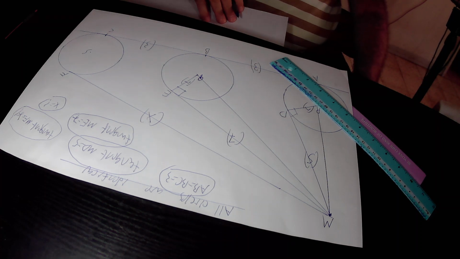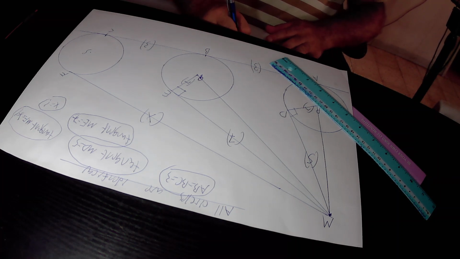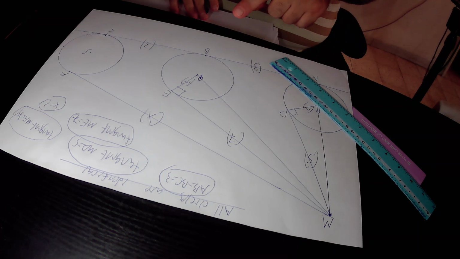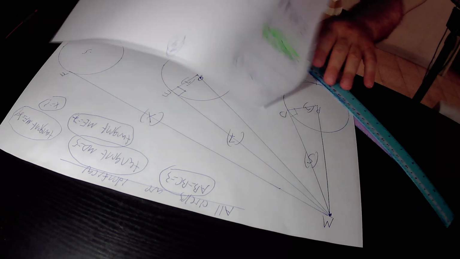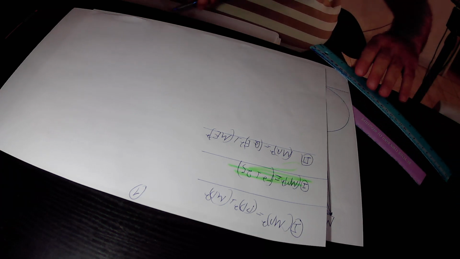According to the Pythagoras theorem, in this right triangle MEQ, MQ squared, that is the square of the hypotenuse, is equal to QE squared plus ME squared.